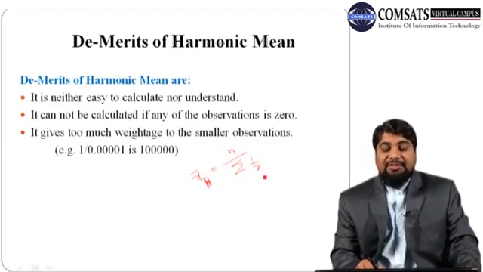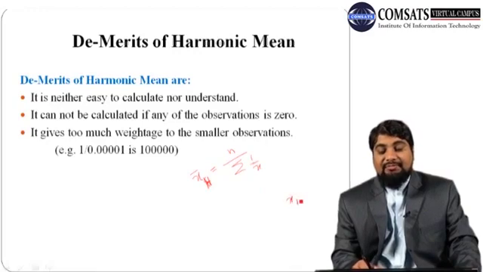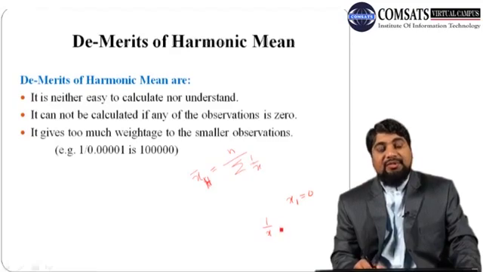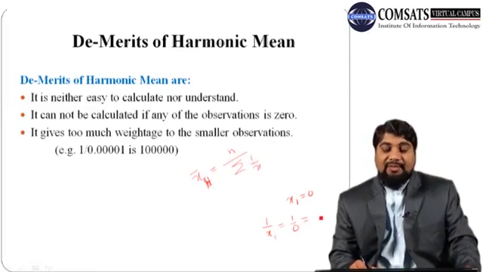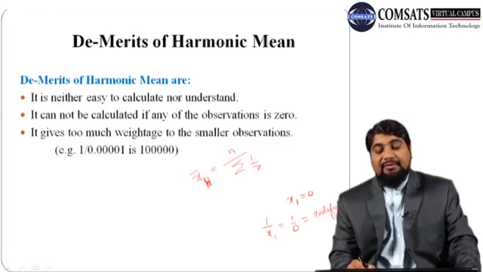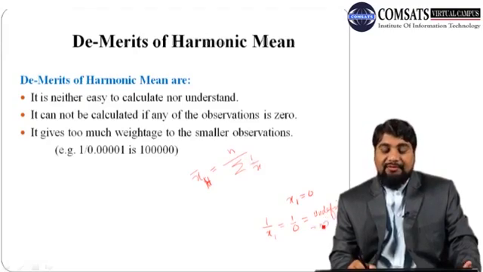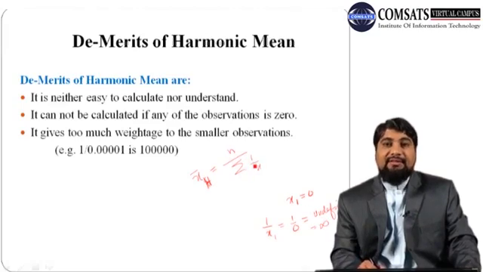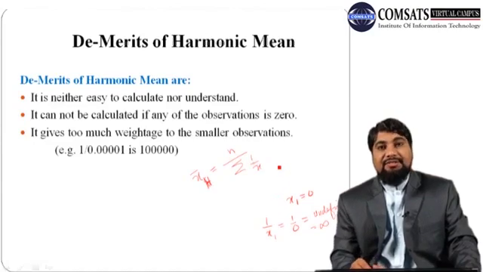So if any of the observations is 0, suppose the first observation is 0, since we need to calculate the reciprocal of this observation, it is 1 over 0. This 1 over 0 is undefined, it does not exist, or it is actually called infinity. So it means we cannot calculate this sum if any of the observations is 0.